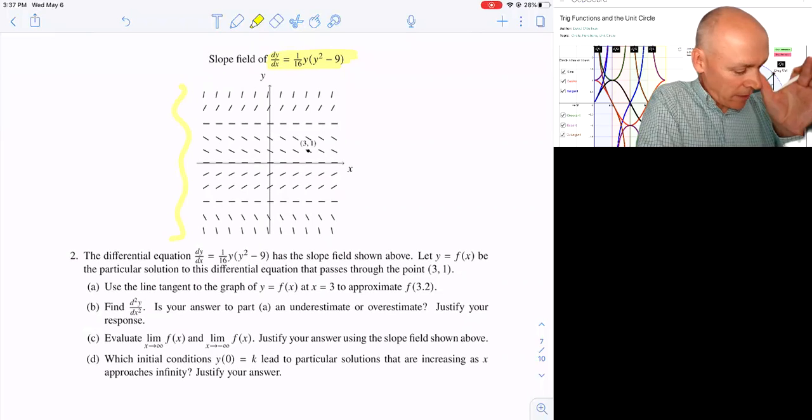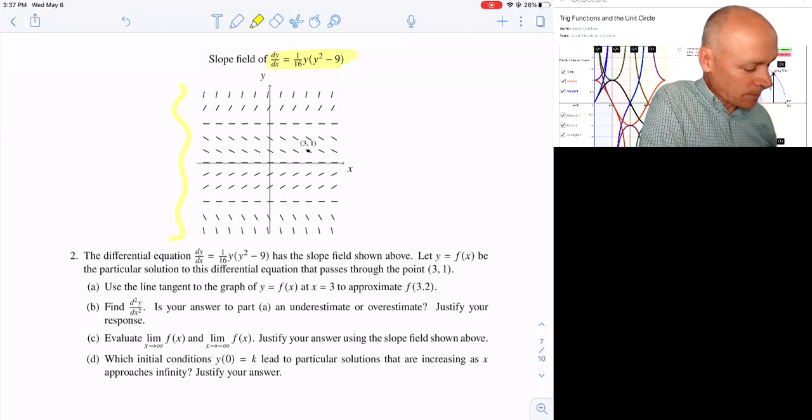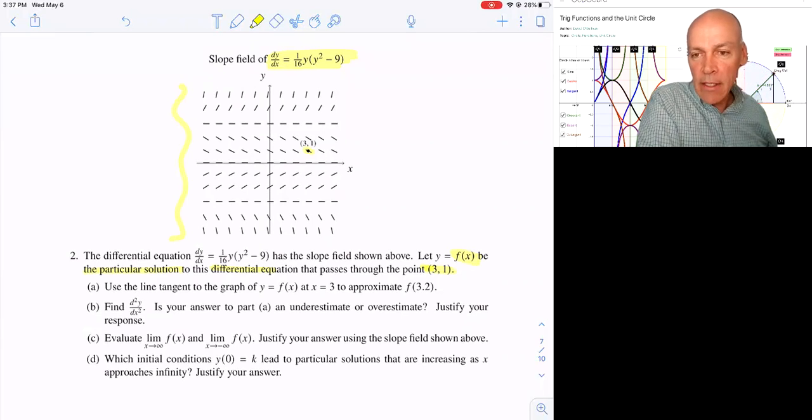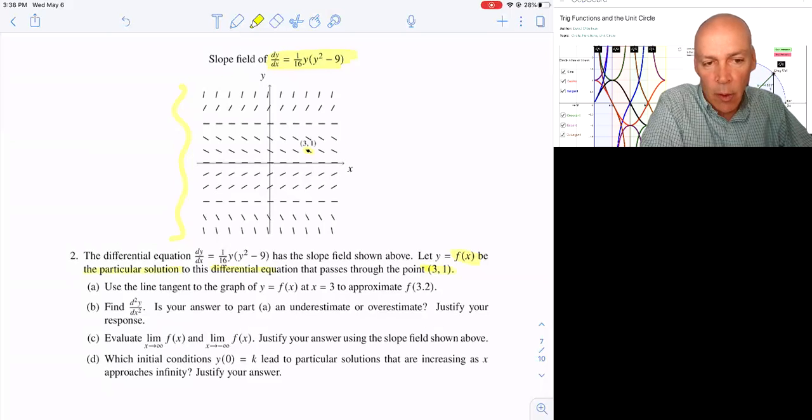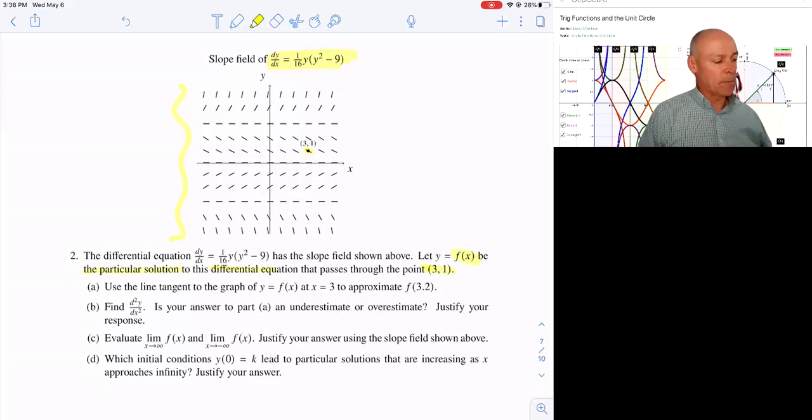Let y equals f of x be the particular solution to this differential equation that passes through the point (3, 1). Okay, so that particular solution that goes through this point right here at (3, 1), we are calling f of x. And then we're asked to answer 4 questions based on that differential equation and that slope field.